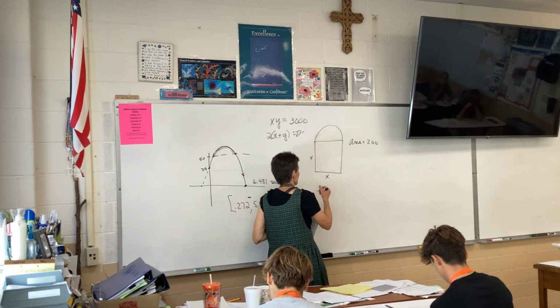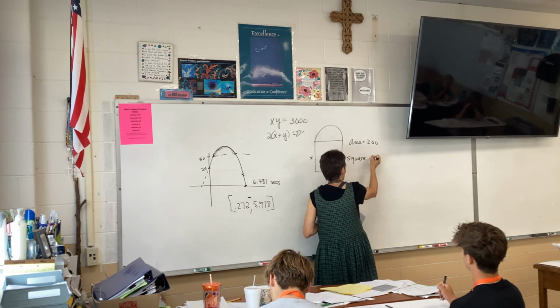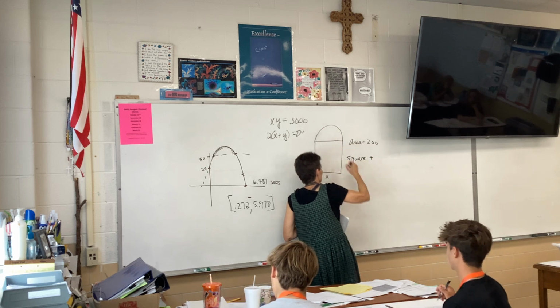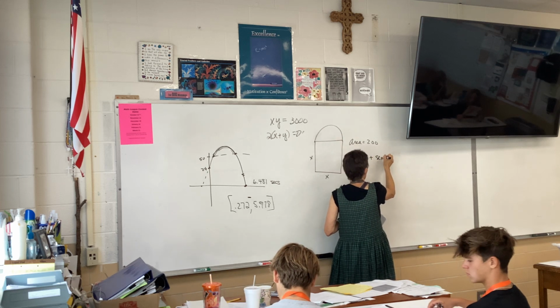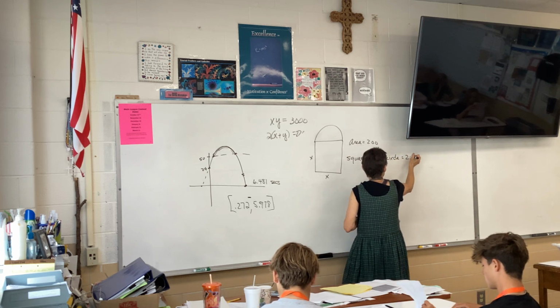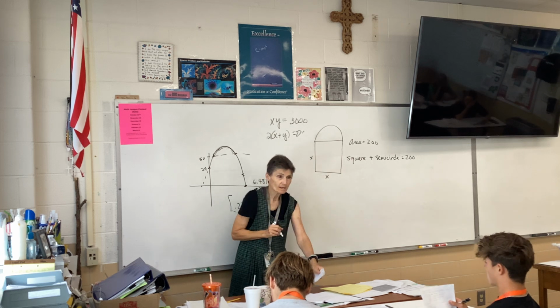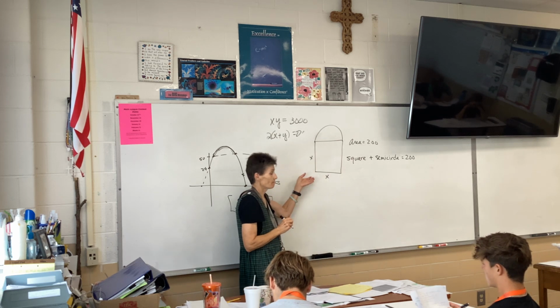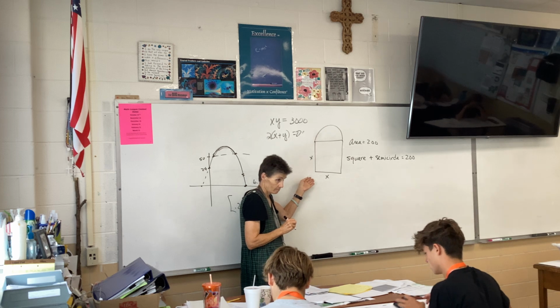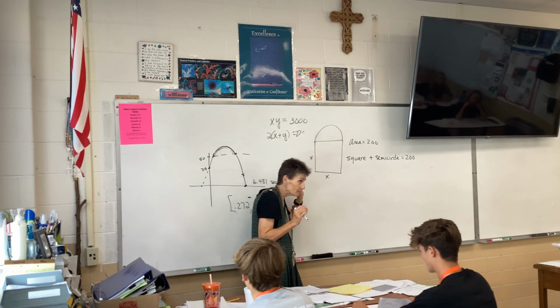We have a square and a semicircle. And that has to add up to 200. So what's the area of our square? X squared.